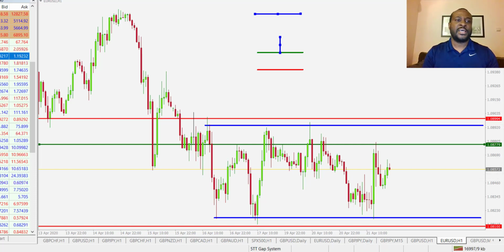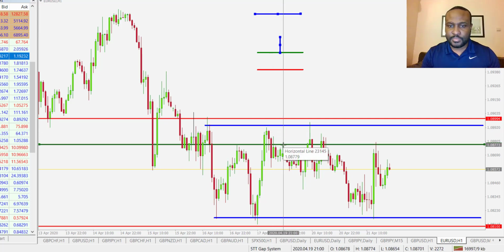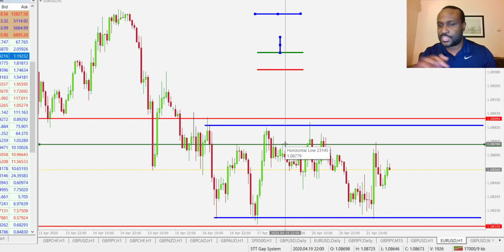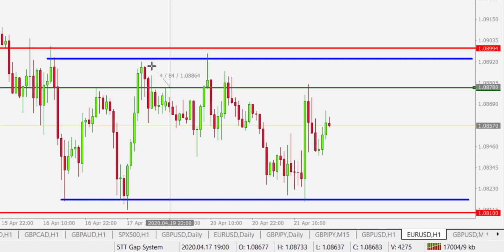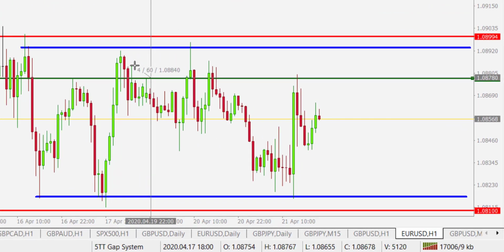It's telling me in this case it is 1.0878. Click and hold and then drag. Once I start to drag, you can see that the pointer now has a set of numbers. The first number is just counting the bars, the candles.